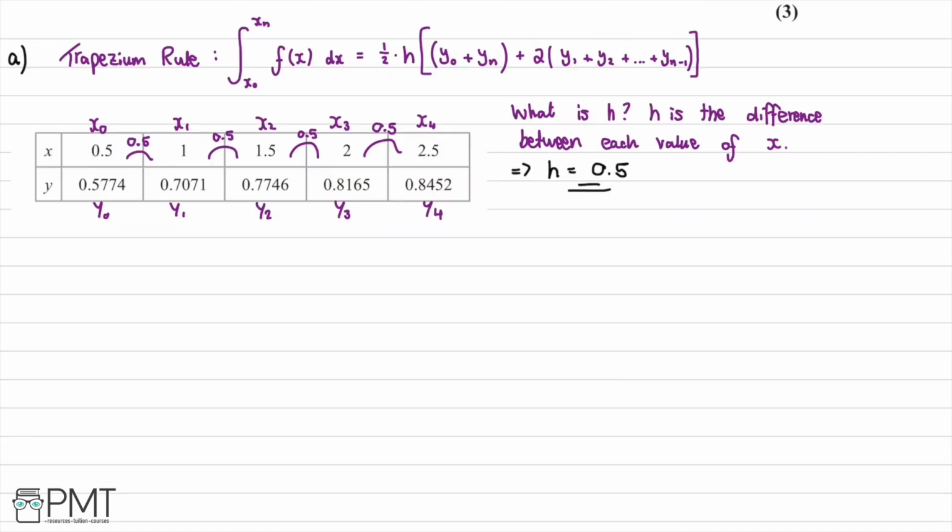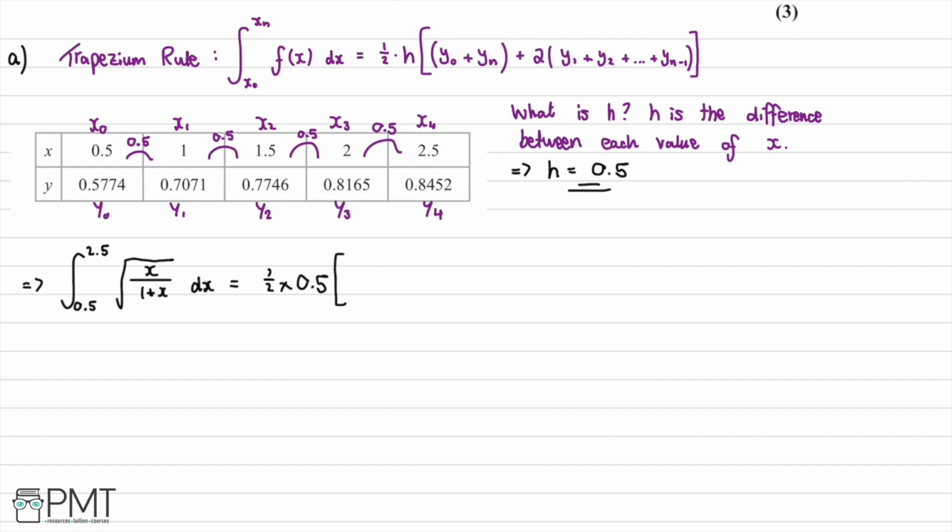So taking the next step, we can say our integral from 0.5 to 2.5 of the square root of x divided by 1 plus x, with respect to x, is going to be equal to 1/2, and we multiply by h. Well, what's h? We have 0.5, and then we're going to put in our big brackets, and we're going to have y naught plus y of n.